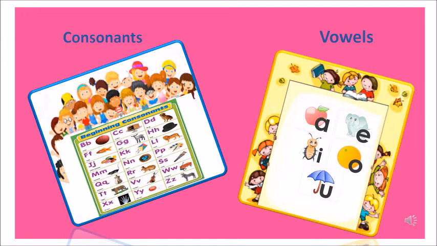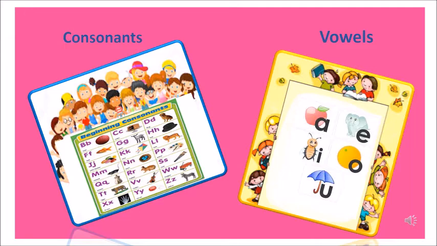Like when you write ABCD or when you write your alphabets, children, you start with A. But here in the consonant chart, you can see that your alphabets start with B because A is a vowel, so it has been removed and placed in the vowel segment.